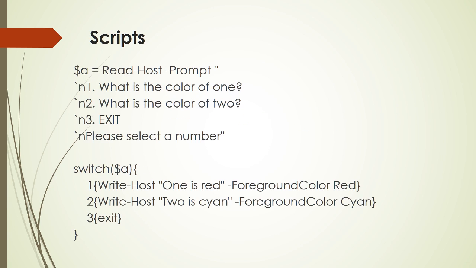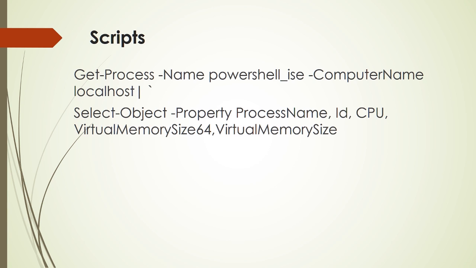Here are the three scripts I want to show you. The first one is to list the properties of PowerShell ISE in my computer. You can get a more detailed explanation about these scripts later.